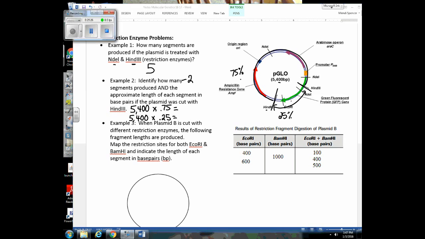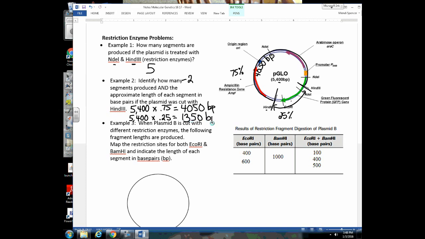This would give you about 4,050 base pairs long. So that's this segment. Let's indicate that. So this segment would be about 4,050. And this segment would be about 1,350 base pairs long. So that would be this one right here.